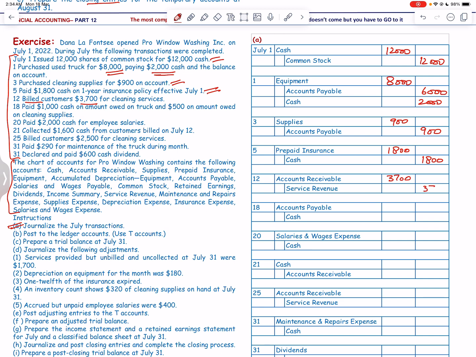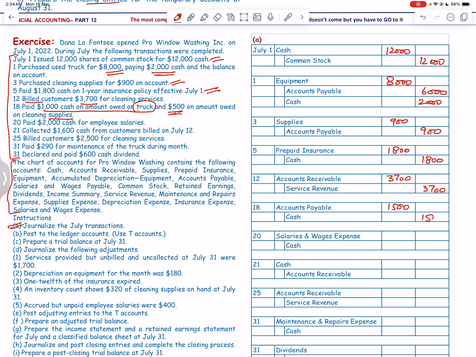Then paid 1,000 cash on amount owed on trucks, and 500 on amount owed on cleaning supplies. So accounts payable is debited by 1,500, and cash is credited by 1,500. Then paid 2,000 cash for employee salaries.